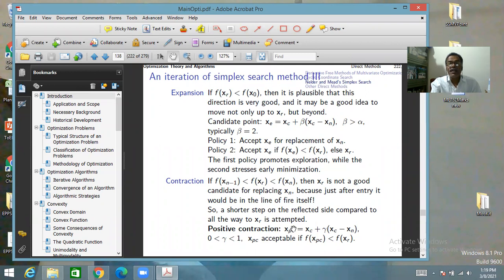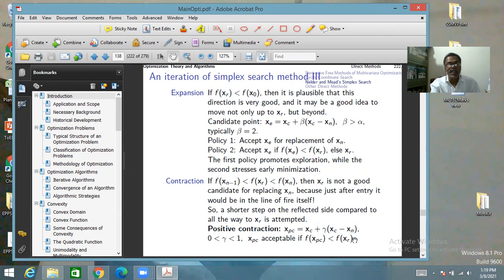And now this new point that you have got, what if the function value there is worse than the reflected point? That would be bad, right? But that rarely happens. But if it happens, then you don't accept it. You accept this point only if the function value here is at least better than the reflected point.